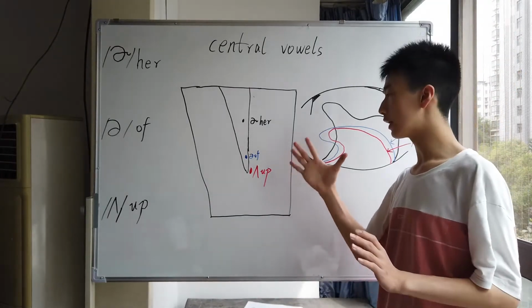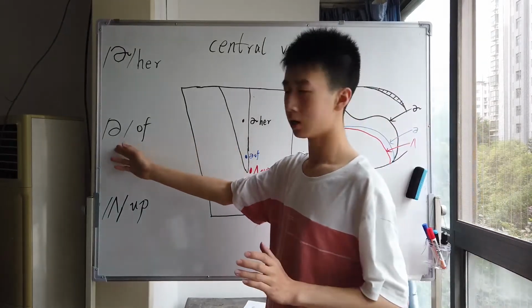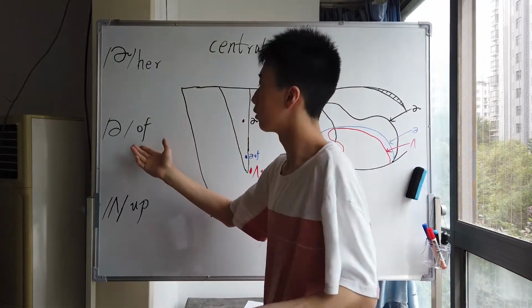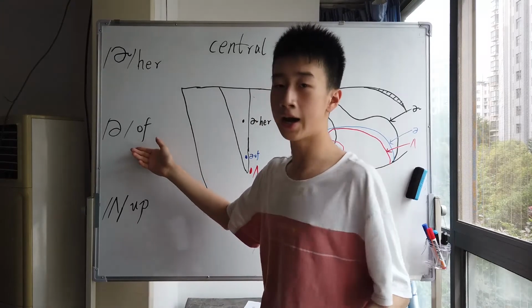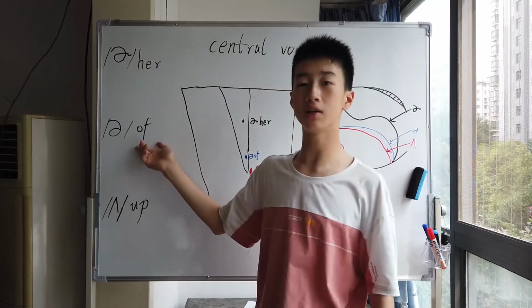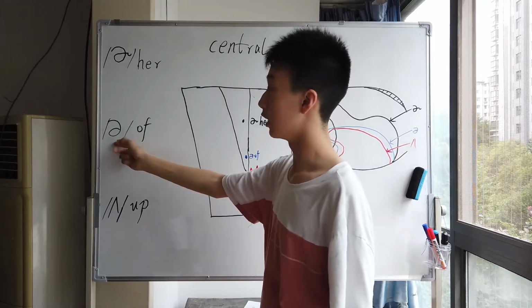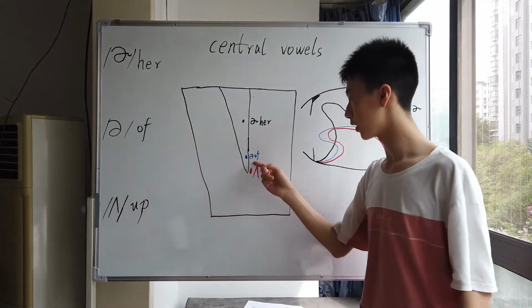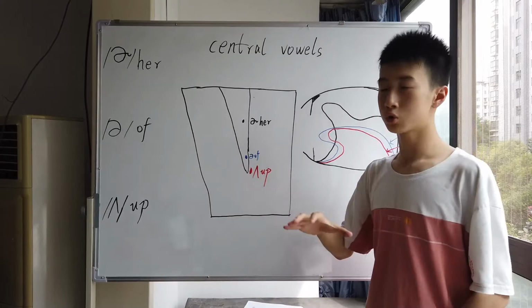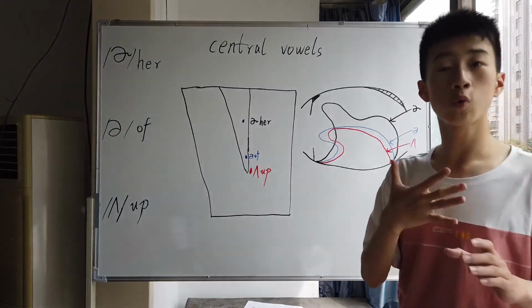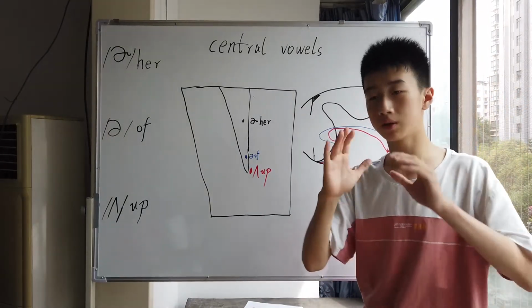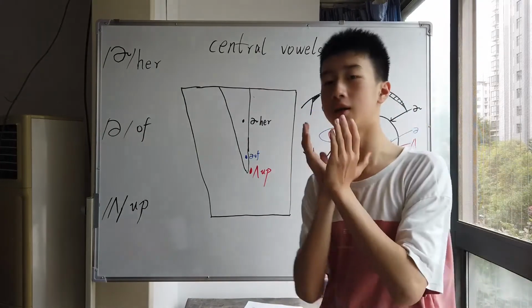Okay, so let's look at the second, which is the of. I am Jerry of the kingdom Jerrylandia. But yeah, there is the sound, and here we can see that it's here. Sort of like in your normal tongue resting position. Imagine you're just doing nothing with your tongue right now.